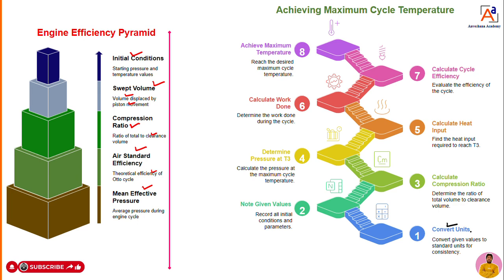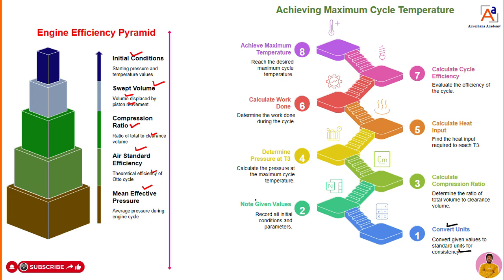Sometimes he will give pressure in bar, in Pascal, or in Newton per meter square. Temperature sometimes he will give in degrees Celsius, sometimes in Kelvin. You should convert the units and make them consistent, then only can we solve the numericals and get the correct answer. That is the first step.